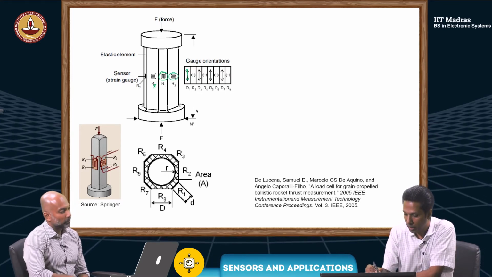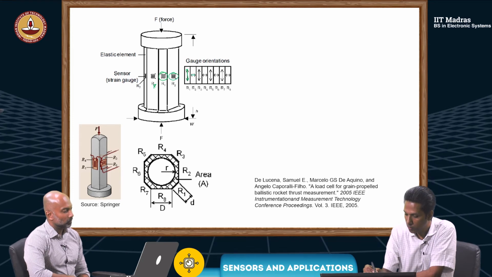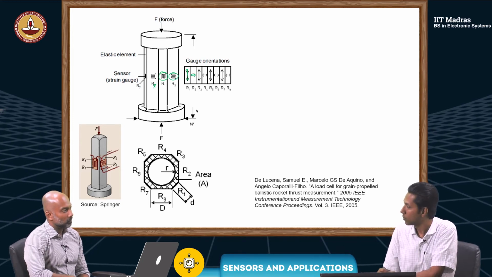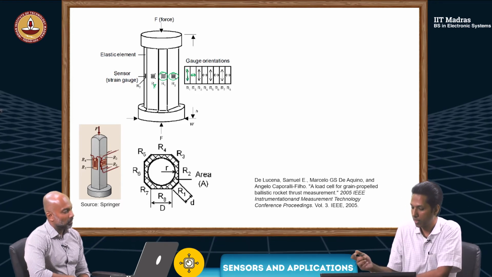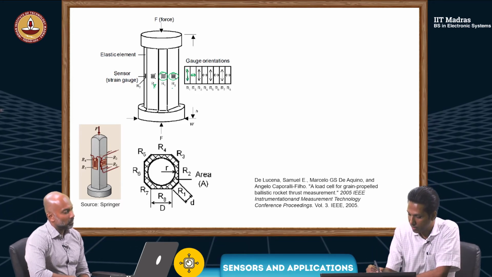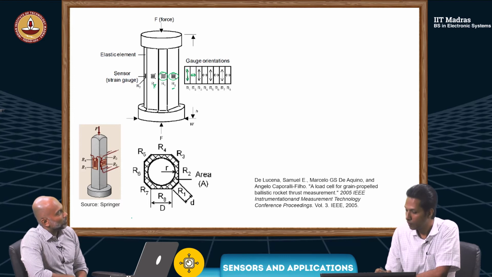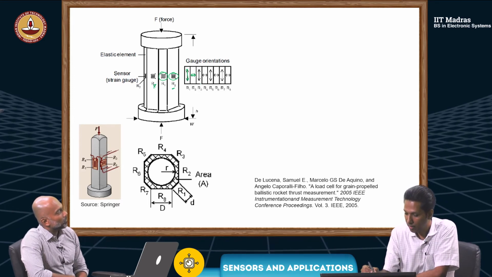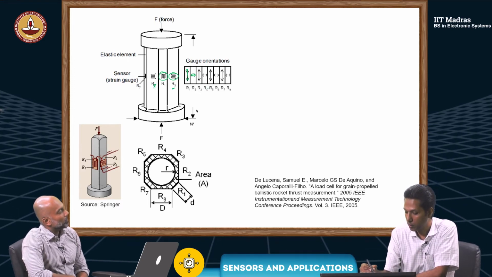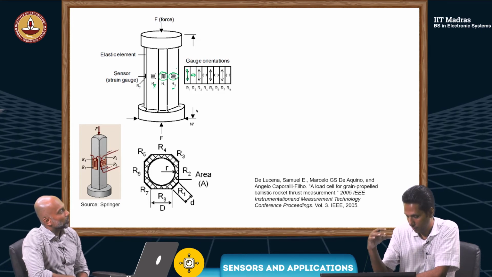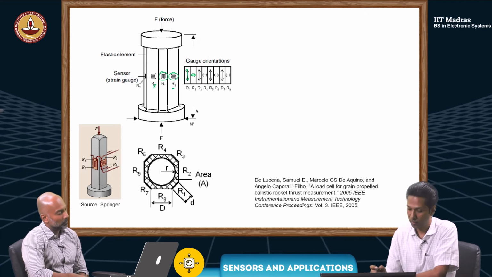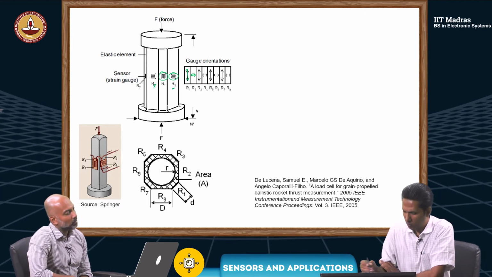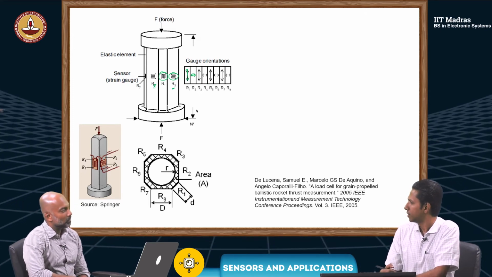Yes. And R2 in the next phase is sensitive to this expansion and contraction. I mean, when you apply force, there is an expansion. So that is sensed by R2. And then R3 again, which is made sensitive to the vertical, the compression. Right. So like that, we have 8 sensing elements.